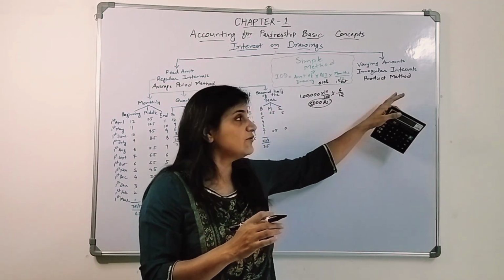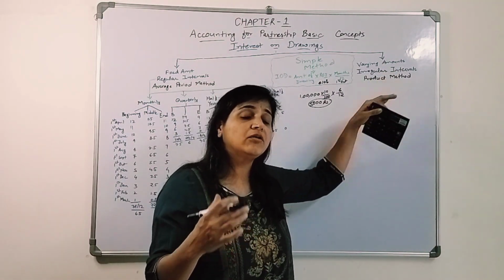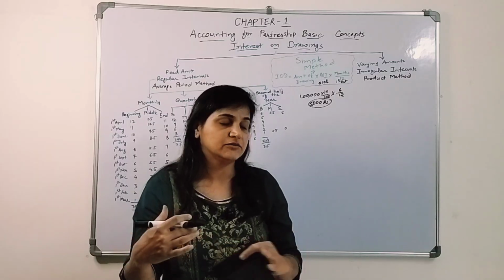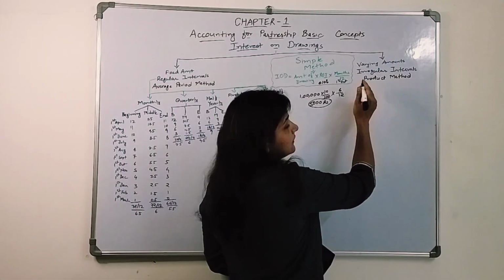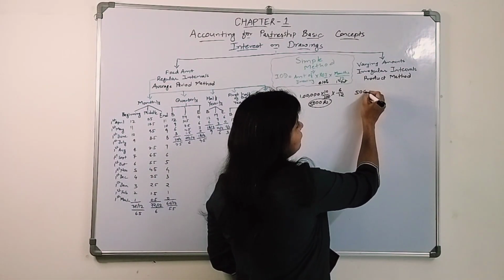So let's understand when he is withdrawing varying amounts at irregular intervals. Let's take an example. He withdraws 5,000 rupees on 1st April, then 12,000 rupees on 31st July.